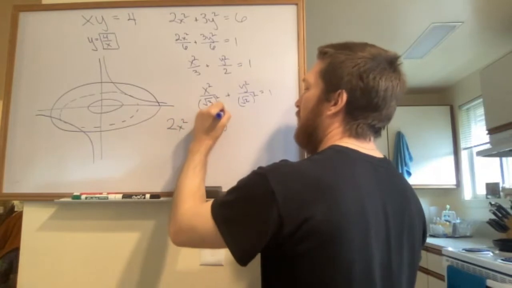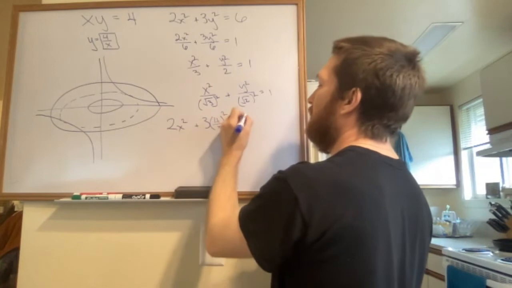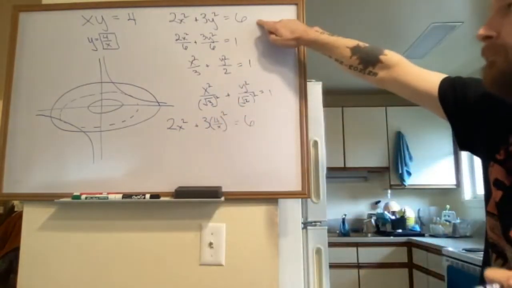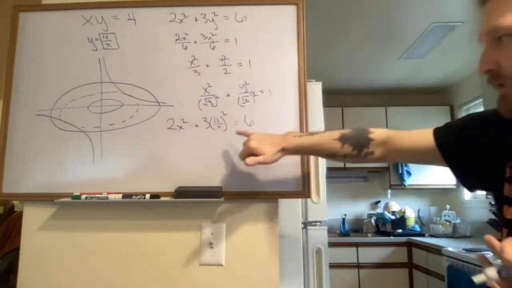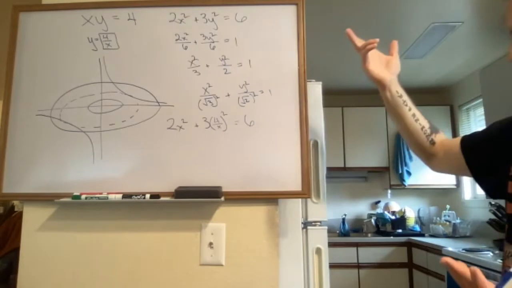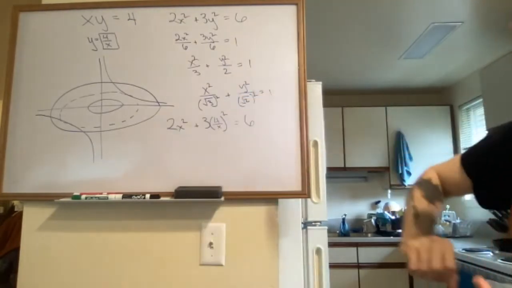3 times y squared, y is 4 over x, equals 6. Notice I'm plugging this back into the original one. If I wanted to, I could plug this into this one, and everything would be the same. It's just a little harder to deal with.